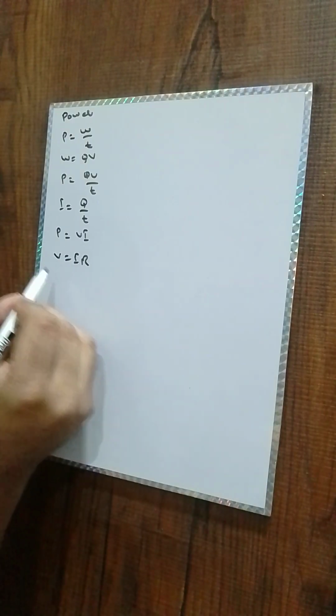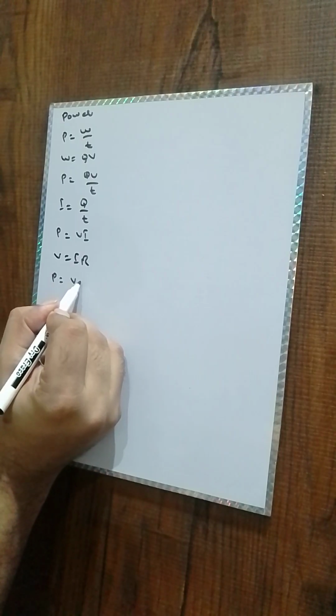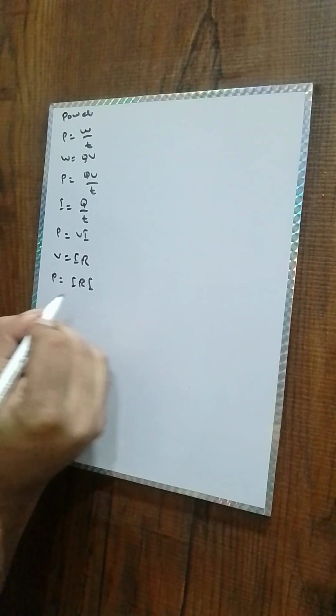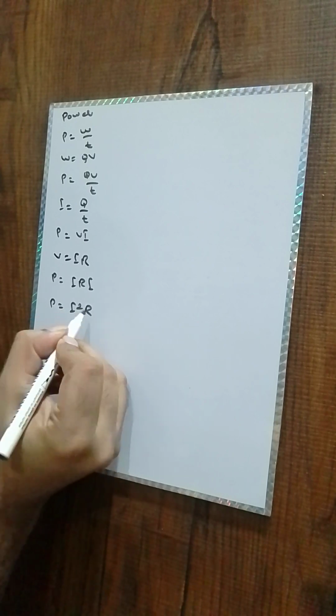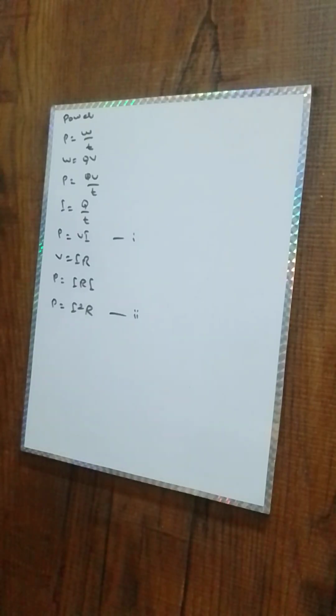So we substitute V, so P becomes equal to I times I R, which is I square R. So two things are important here: P is equal to IV and P is equal to I square R for power.